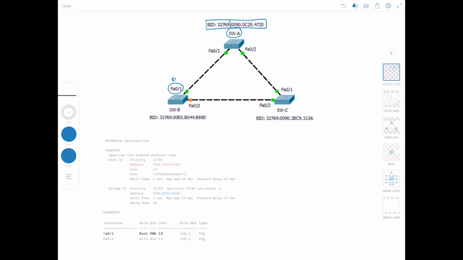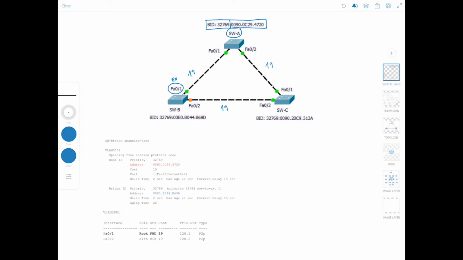This is the root port. And why is that? Well, it's because it has the lowest cost. So by default, the spanning tree cost for FastEthernet or 100 meg interfaces is 19. So this one would be the cost of 19. In fact, all of these links have a cost of 19 by default.